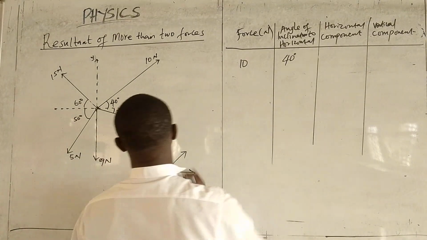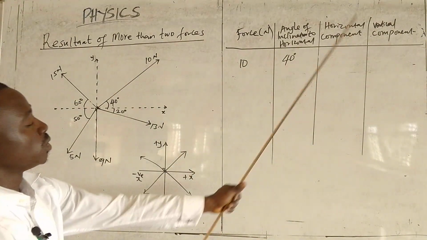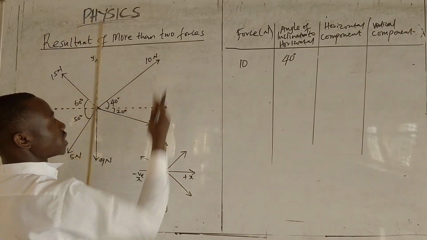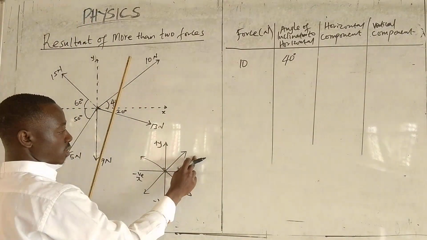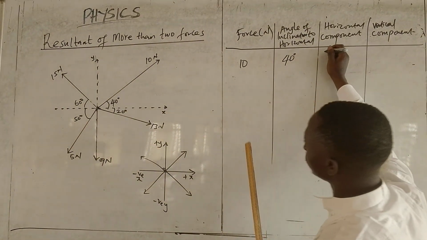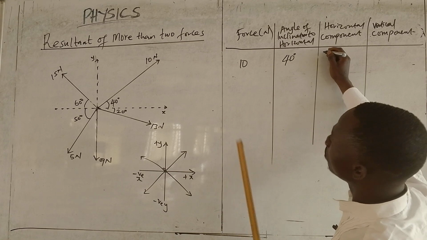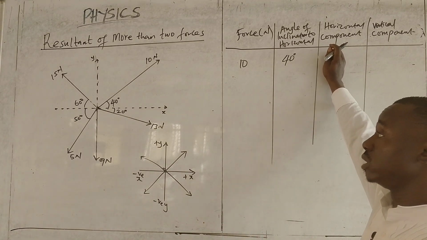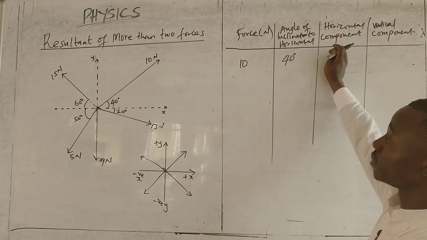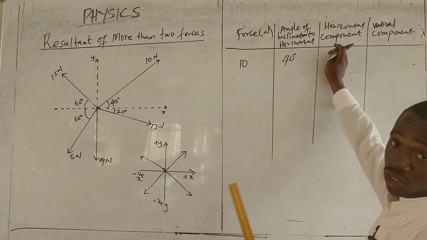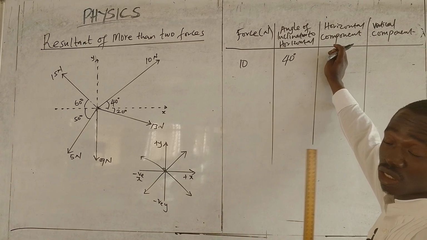So this force now for the horizontal, is it positive or negative? The force is moving to the right hand side. Yes, positive, right? So this is going to be positive F cos theta, because we have said that the horizontal component of any force that is inclined at an angle theta to the horizontal is that force times the cos of that angle of inclination.